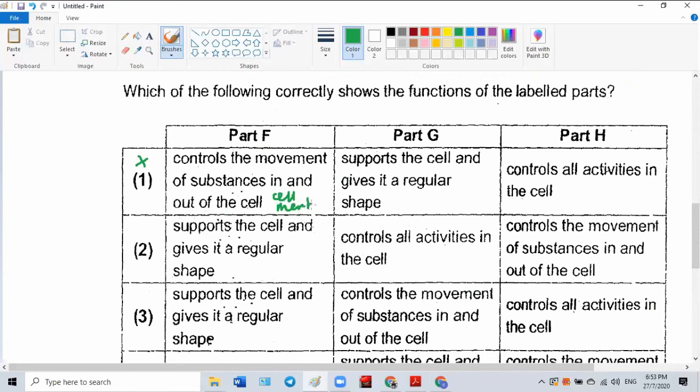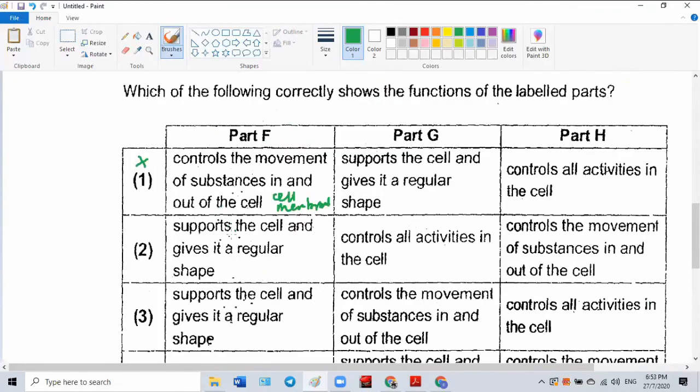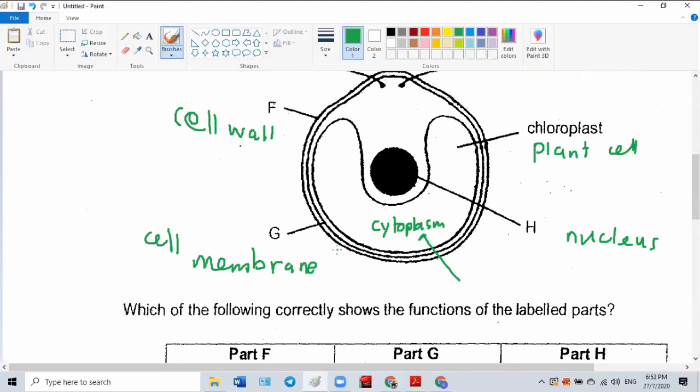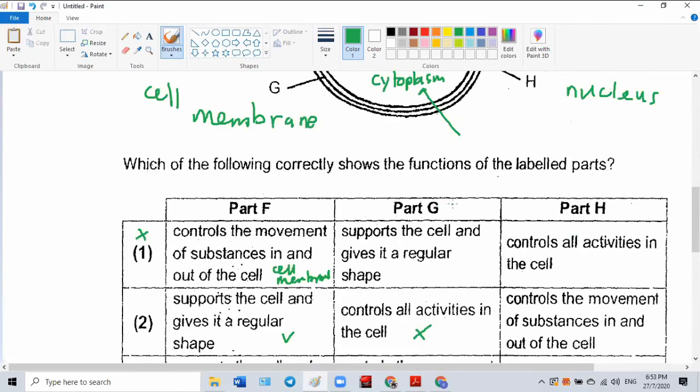Wait, no. Part F is pointing to the cell wall, number two, right? Number two is regular shape. Part G must be nucleus, is it? Part G, number 2, controls all activity in the cell, nonsense, right? G is pointing to the membrane. Cell membrane, where got control all activity, talking nonsense. Part F is pointing to the cell wall, right?